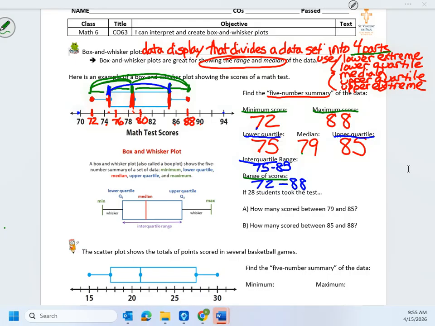So that interquartile is the box, and look at how that lower extreme and the upper extreme look like whiskers coming off of that box. So think about cat's whiskers, right? It's sticking out from the face of the cat. That box is like the face of the cat. The whiskers stick off of it. Those are the extremes, the farthest out numbers.